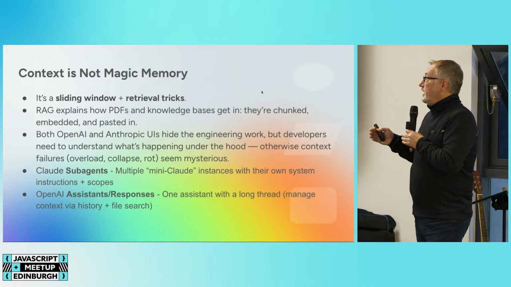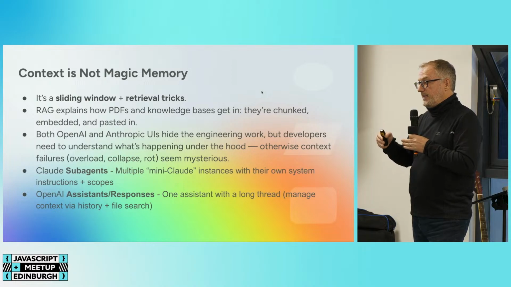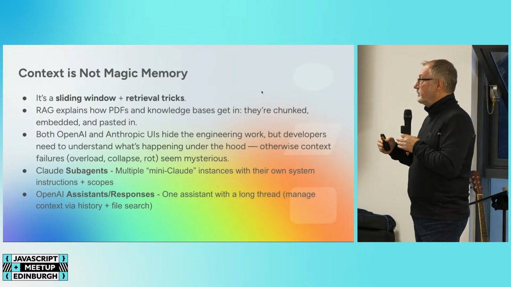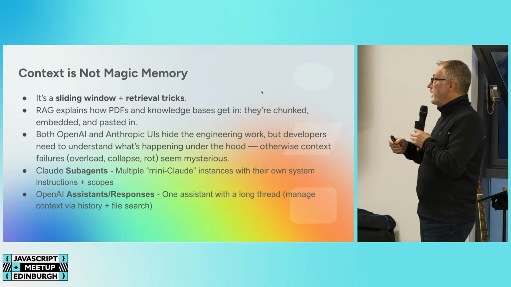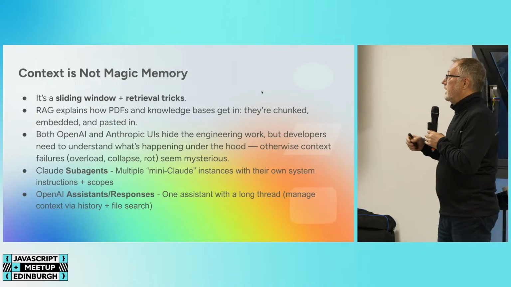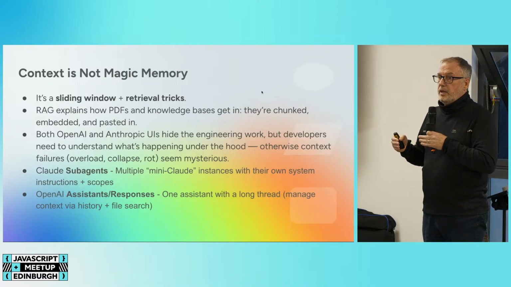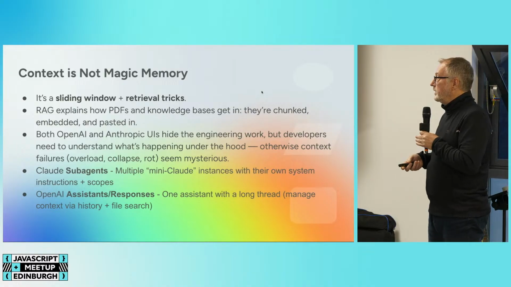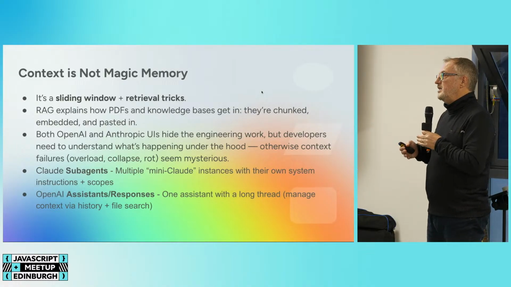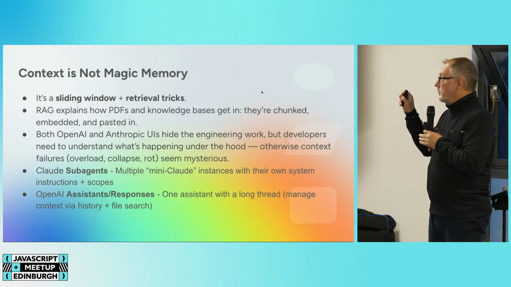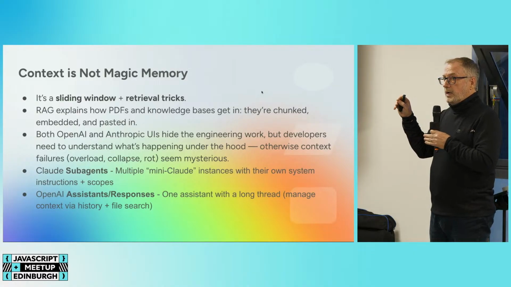So RAG explains how the PDFs and knowledge bases get in. That's embedded and goes in at the time of the prompt. Both OpenAI and Anthropic UIs hide this engineering work, but we need to understand how that works and how the prompt is built. So Claude has sub-agents, like multiple little mini Claudes.